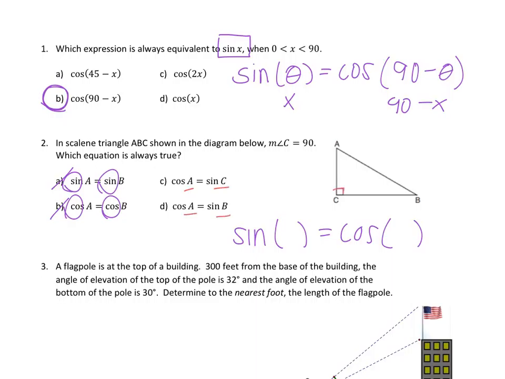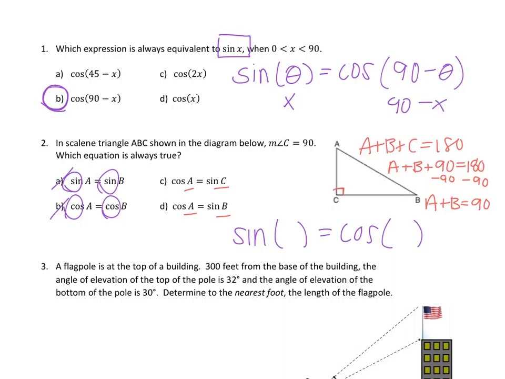If C is 90 and we have three angles in a triangle, A plus B plus C equals 180. But we just said that C is 90. So I'm going to replace C with 90. But then if I solve by combining like terms, I now have A plus B equals 90.